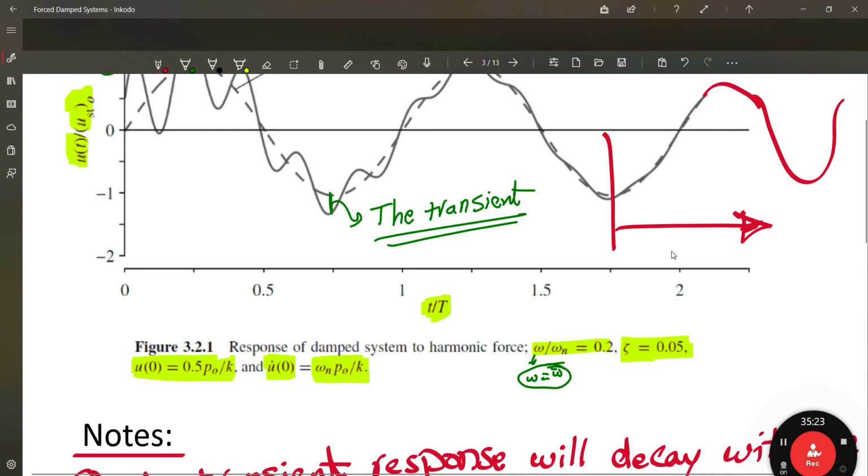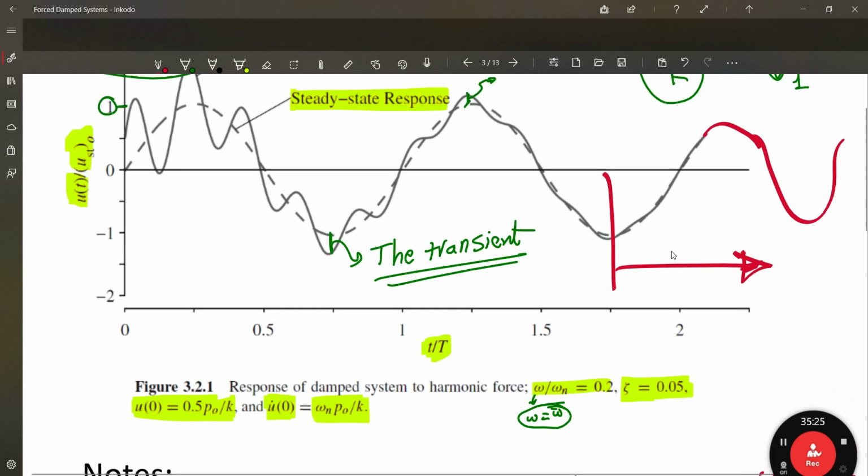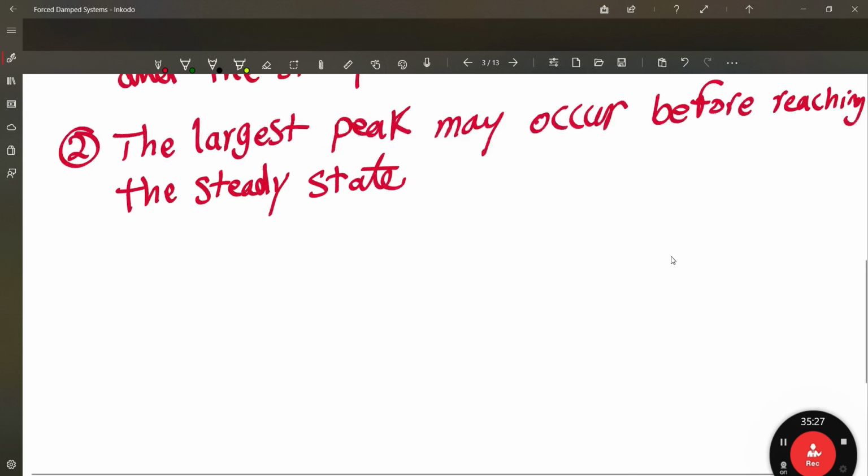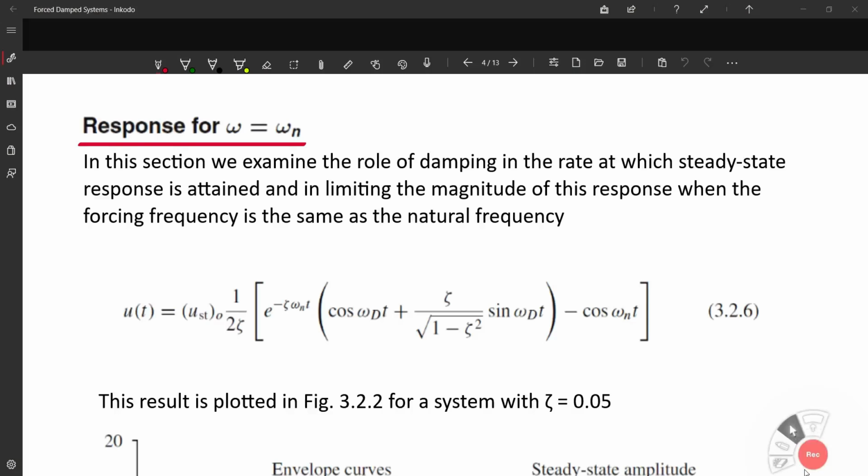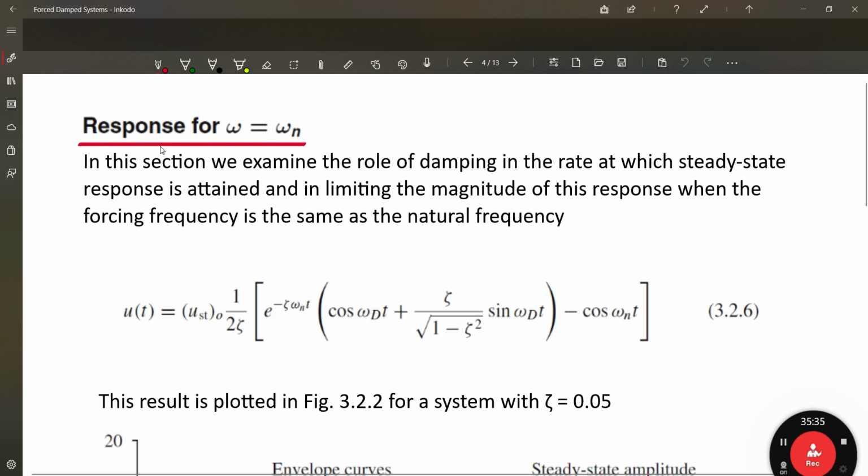Okay, now let's go to another part which is important for us. Now we are going to think about the response of the system when we have omega equal to omega n, or omega bar equal to omega n.